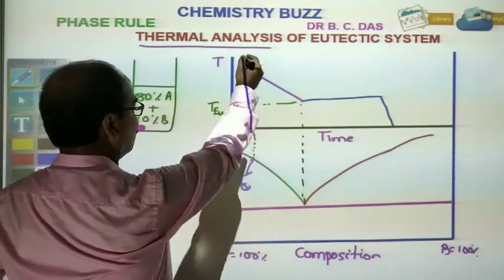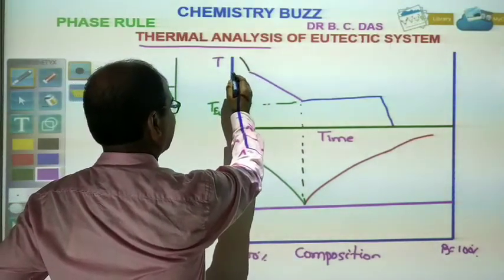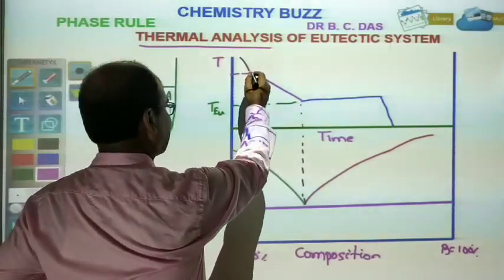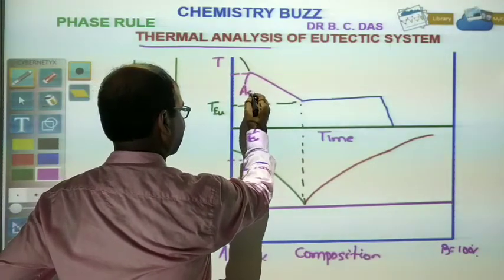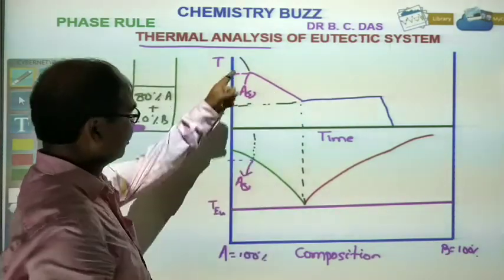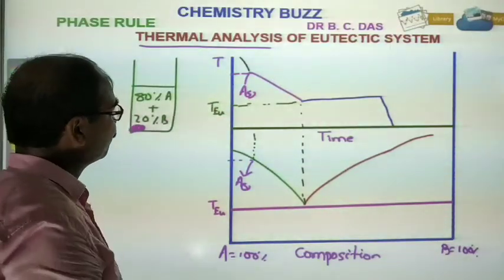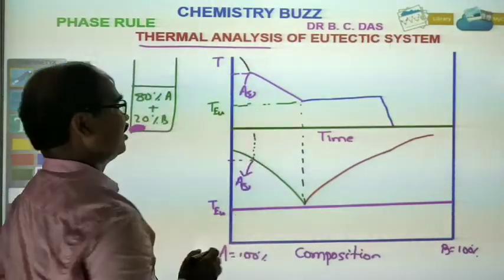So at this temperature, the first separation of solid A starts. This temperature is the same as this temperature.